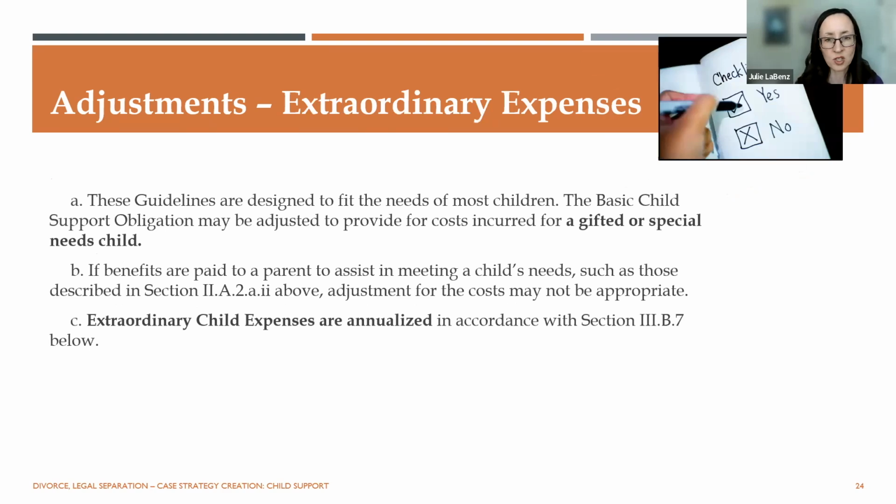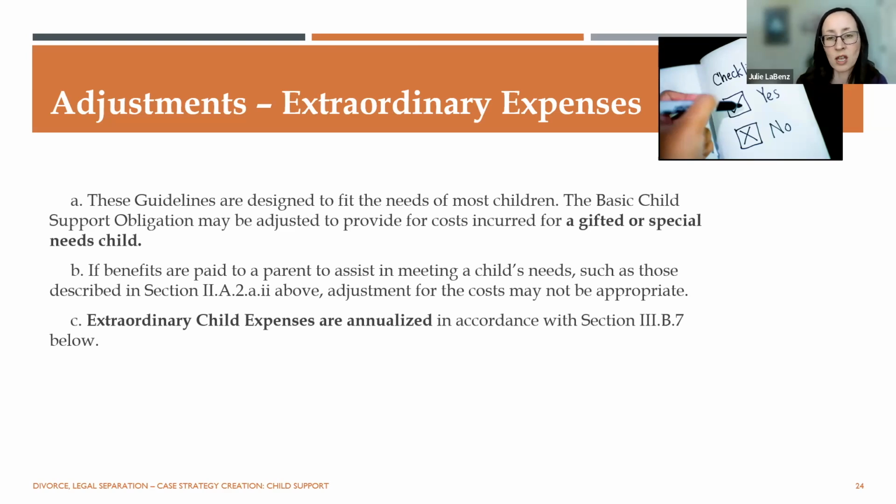And then there's extraordinary expenses. So the guidelines are designed to fit the needs of most children. The basic child support obligation may be adjusted to provide for costs incurred for a gifted or special needs child. If benefits are paid to a parent to assist in meeting a child's needs, such as those described in another section, the adjustment for the cost may not be appropriate.